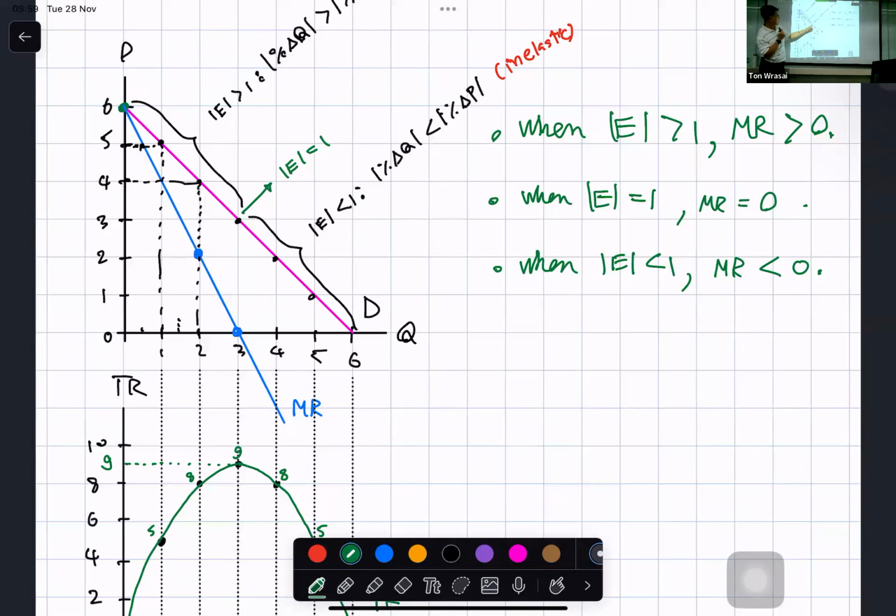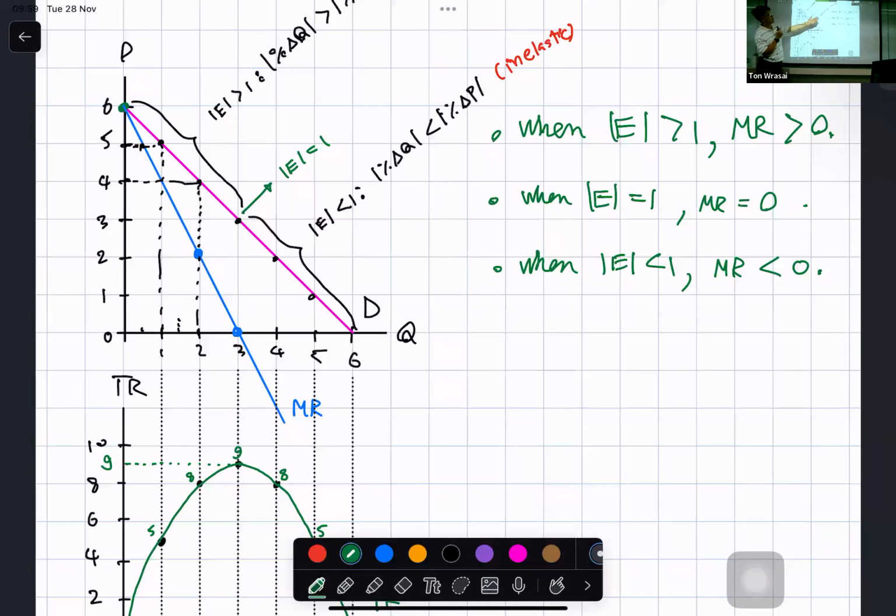Somewhere here on the lower range, you will not want to do any operation because it doesn't work. Sell more, marginal revenue is negative. Here, sell more, MR is 0. That's okay, status quo. Marginal revenue 0, no extra revenue.